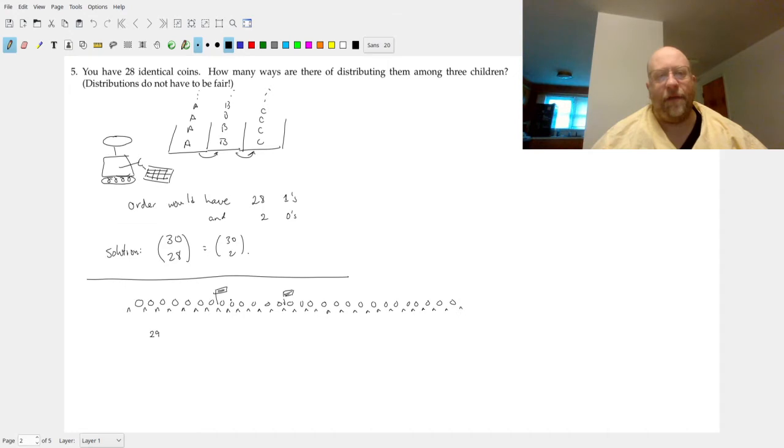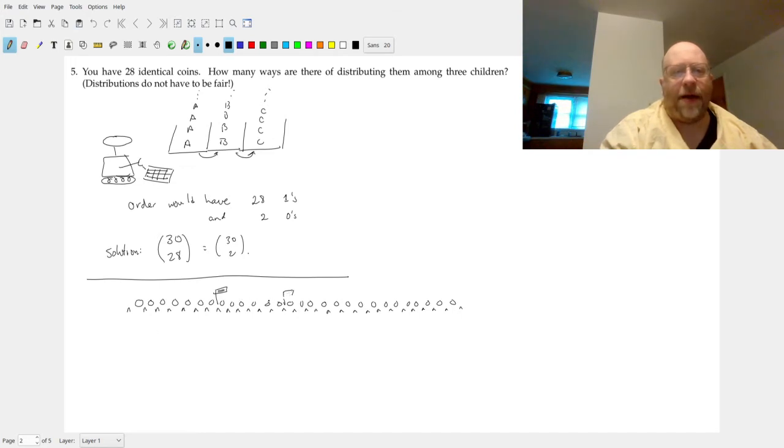The trick is that because we can give a child 0 coins, we can put two flags in the same slot. And so it's like having an extra slot here.